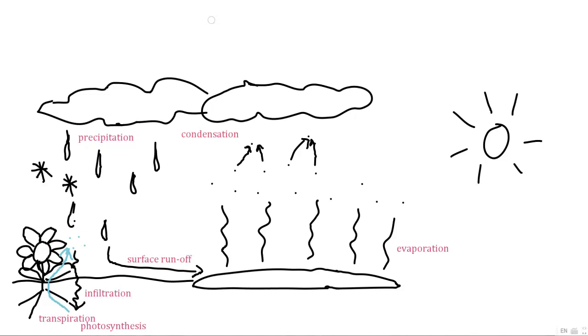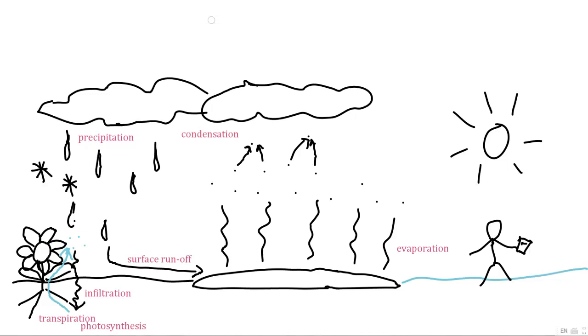The last one. Let's draw a human. We've got a person. Cellular respiration is part of the water cycle because we have to drink water.